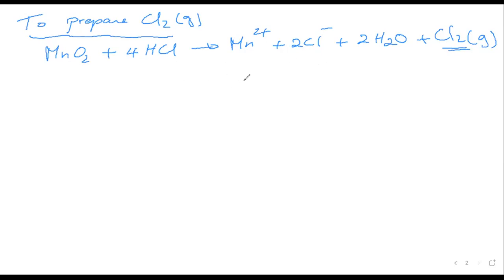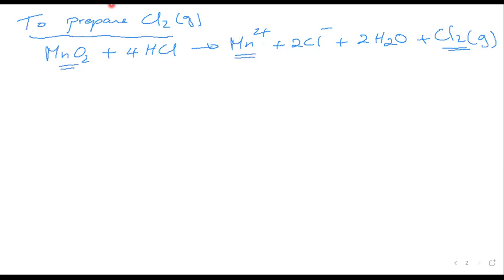So what are we going to do? We are going to start with MnO2 and Mn plus 2 and look in our data booklet for an equation relating the manganese 4 oxide with the Mn plus 2.